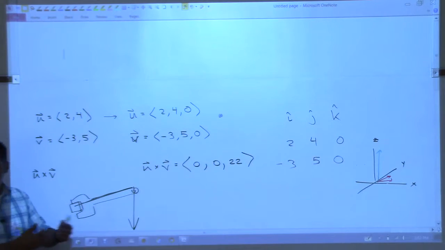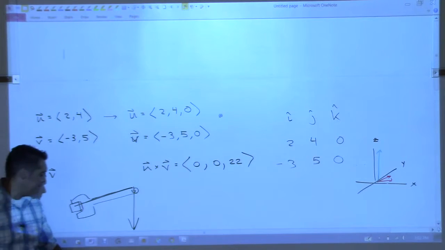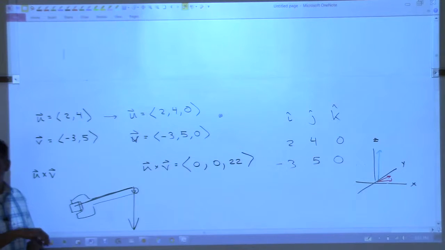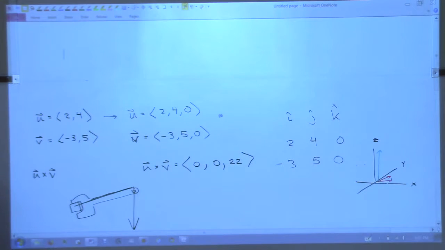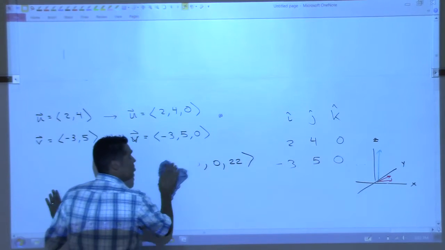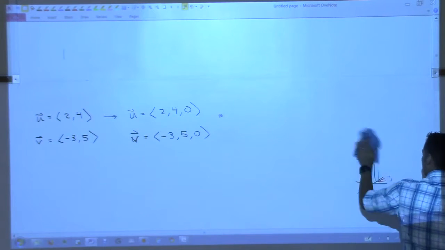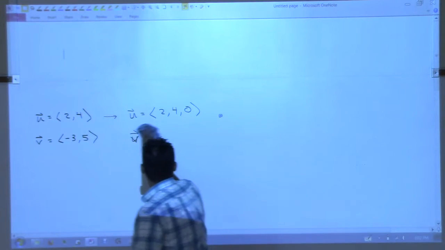And it's either coming out towards you or into the board. You have to use the right-hand rule. So you're either tightening or loosening, unless it's threaded backwards, right? Because you can have right-hand thread and left-hand thread. So that would ruin your right-hand rule, wouldn't it? All right, so if you want to do torque on a two-dimensional thing, you have to extend your two-dimensional vectors into 3 dimensions to be able to compute the cross product.